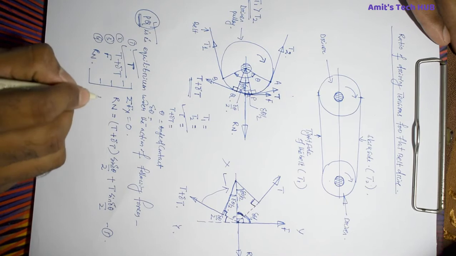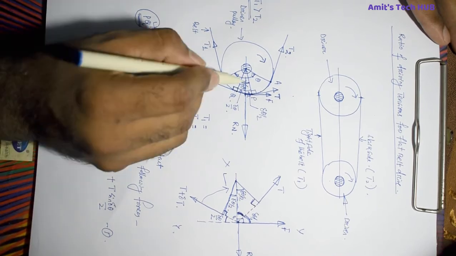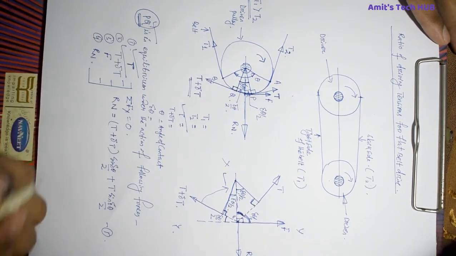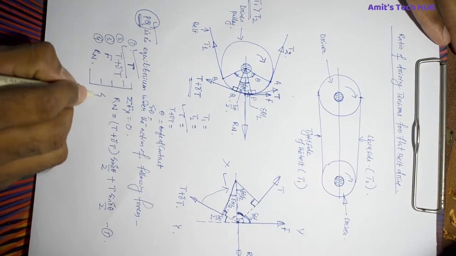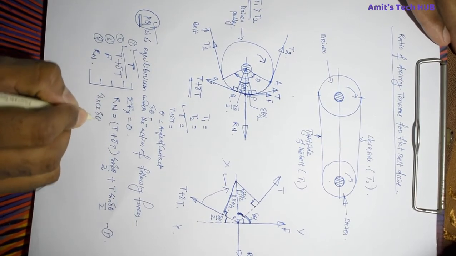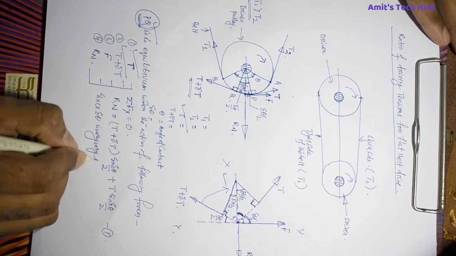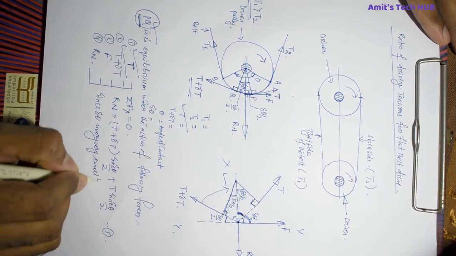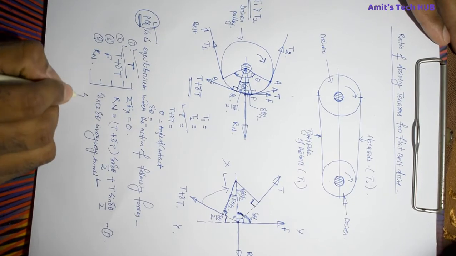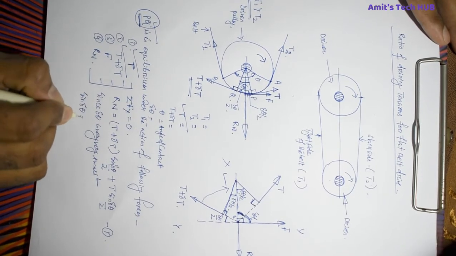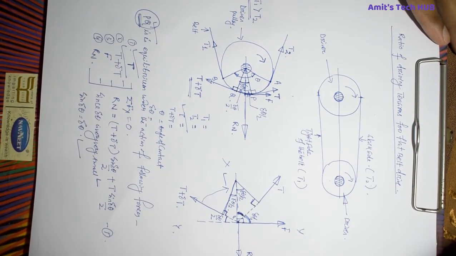Okay, so here one consideration is that this del theta is very, very small. This is one assumption here. So for a small value of del theta, we can write sine del theta is equal to simply del theta.